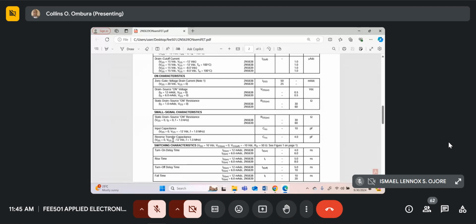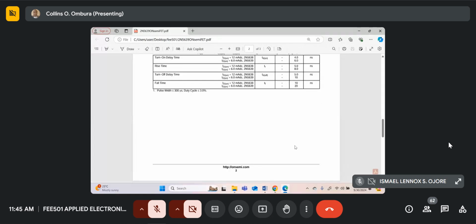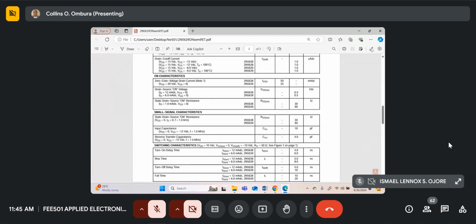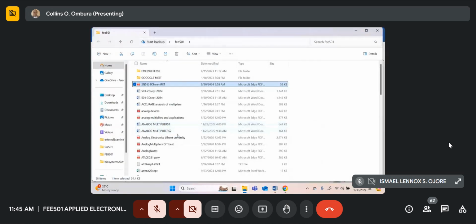Here, input capacitance, VDS equal to 0, it's about 10 picofarads, and it changes. It's not a good data sheet. Let me check a last one. If I don't get it, we just move on.